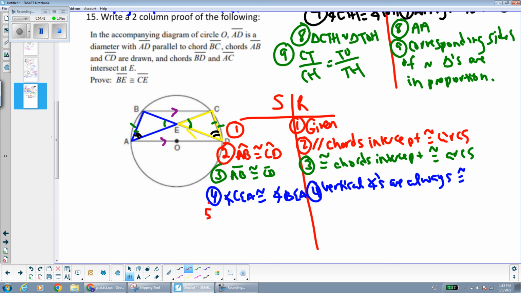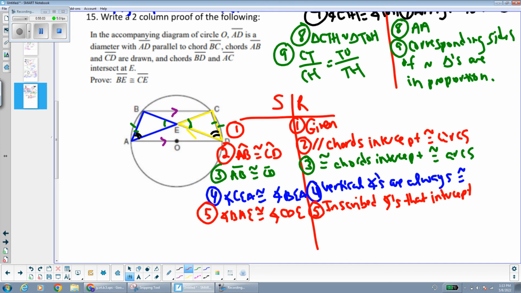And then for our second pair of angles, we had angle BAE congruent to angle CDE. Those are the two angles in black. And that was because inscribed angles that intercept the same arc are congruent.